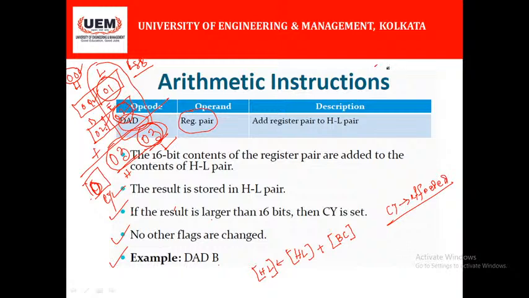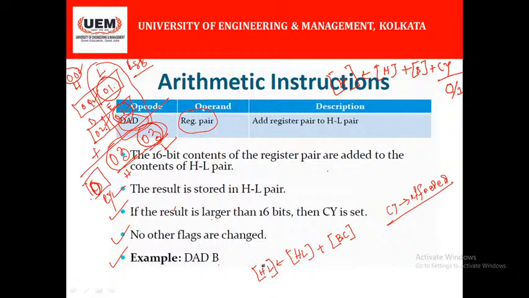Whenever we are adding the H register value and the D register value, we are also adding the value of the carry flag, because during the addition of L and E there may be a carry. If the carry is 0, then we should write 0 here. If the carry is 1, then we should write 1 here. That is why the carry flag is used here, and ultimately the result is going to be stored in the H register. Okay.